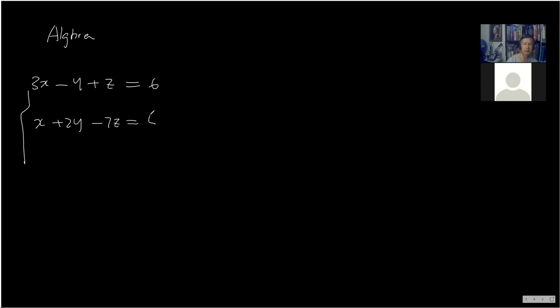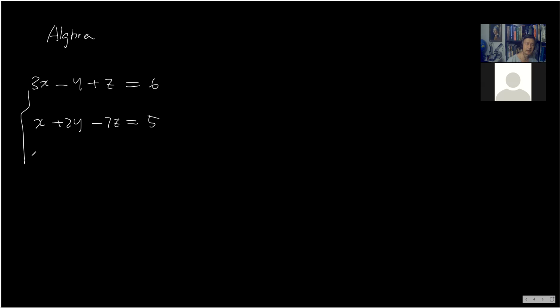So basically, in algebra, for example, we have 3x minus y plus z equal to 6. I just write an example. And this is x plus 2y minus 7z equal to 5.